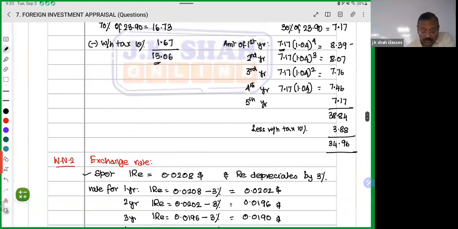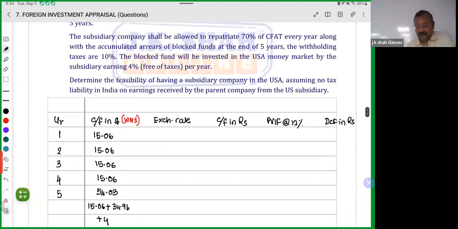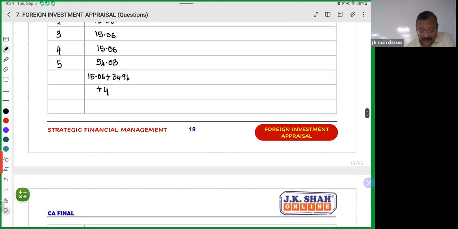अभी आपको एक्सचेंज रेट मिल गया, कैश फ्लोज इन रुपीज मिलेगा, पीवीआईएफ एट 12%, डिस्काउंटेड कैश फ्लो, एंड दिस विल गिव अस द प्रेजेंट वैल्यू ऑफ कैश फ्लोज, less initial cash outflow.